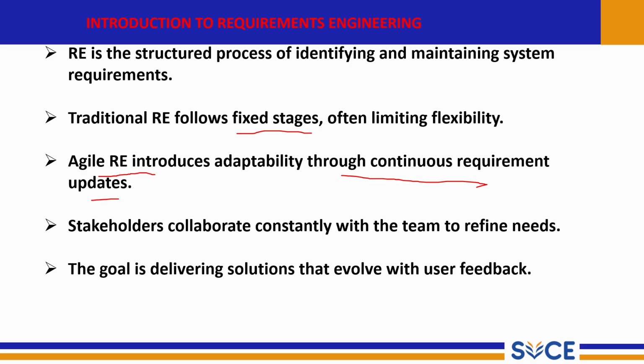If any new ideas come to the stakeholders, they will collaborate constantly with the team to get exactly the product they need. So the goal is delivering a solution that evolves with user feedback. Agile works entirely based on user feedback.